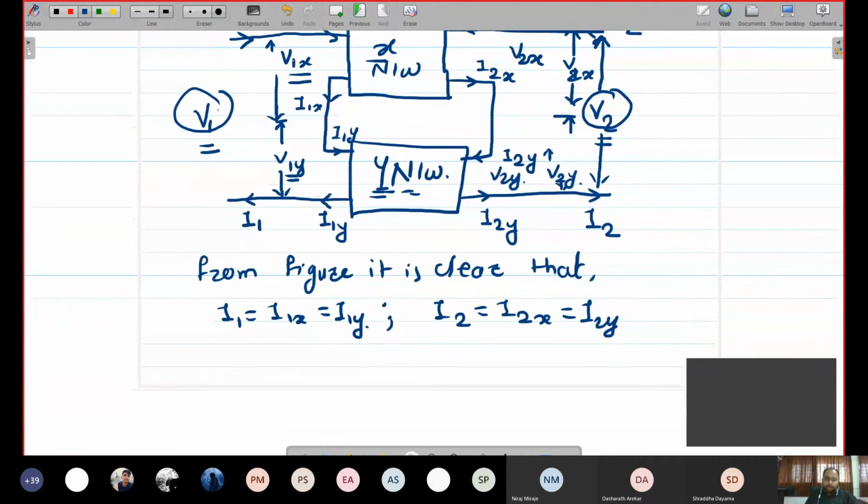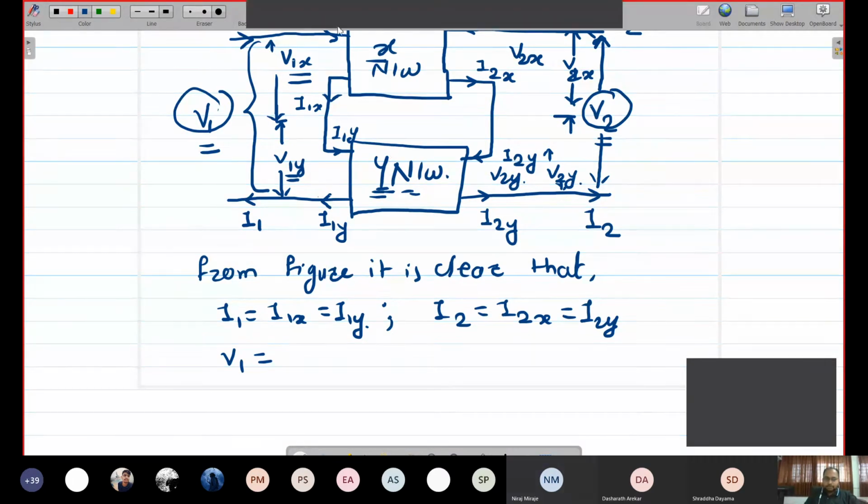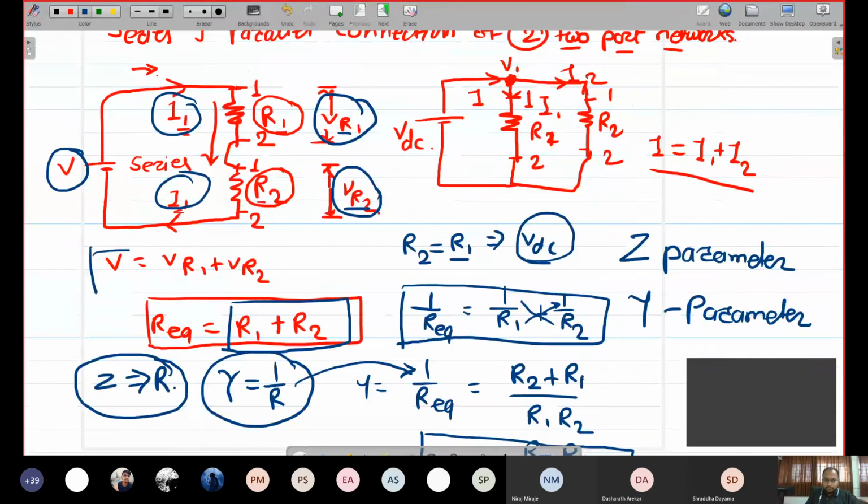Okay. Now what about voltages? V1 is equal to, is it the addition of these two voltages? Recall it. Yes, sir. Okay. So V is equal to VR1 plus VR2.